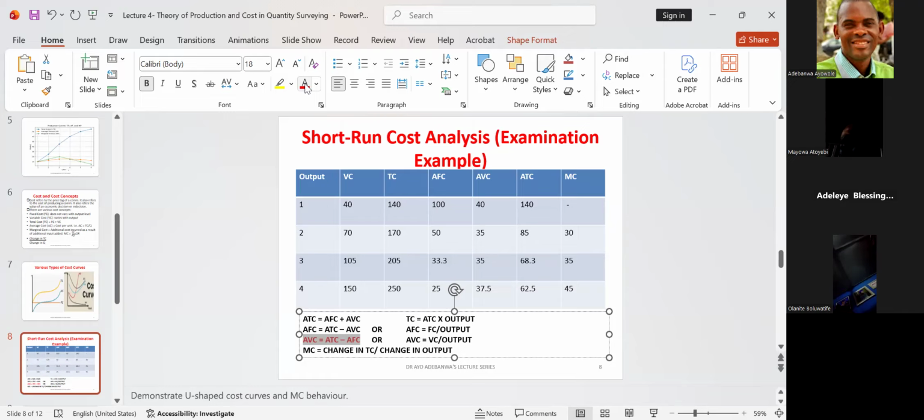Open your eye before you talk. If you want to get variable cost, it will be total cost minus fixed cost. Now, if you come back here, you have total cost. You will see 170 there.